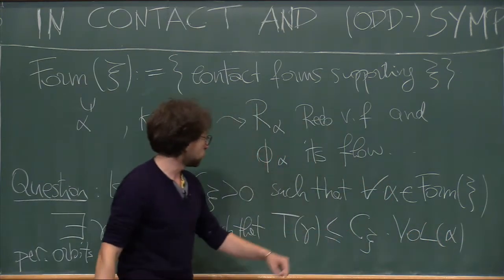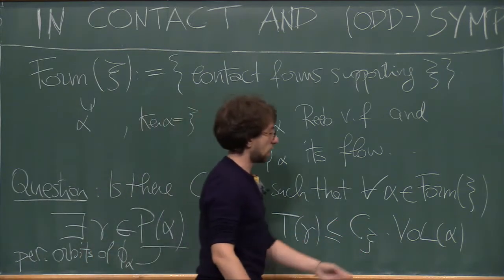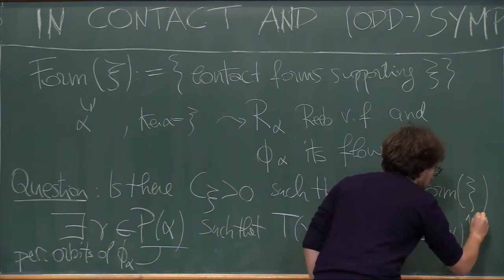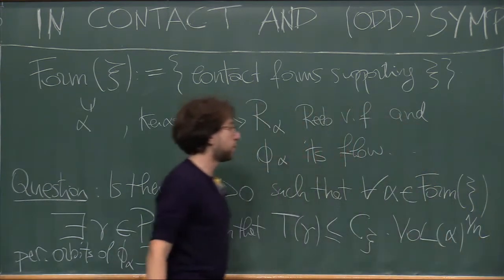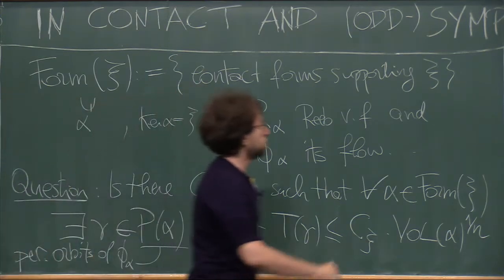Here I have to renormalize the volume so that it scales accordingly when I multiply alpha by a constant, so I put the nth root of the volume.